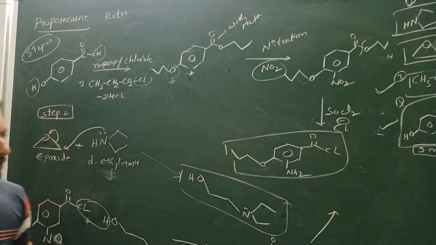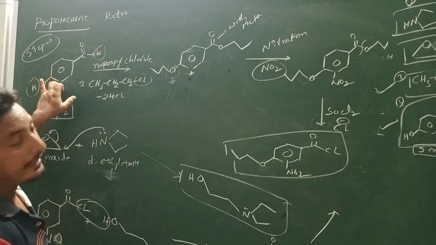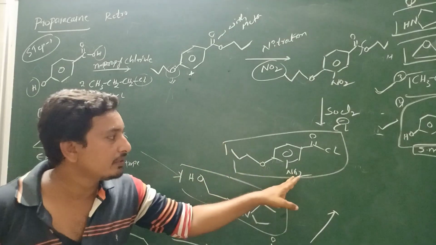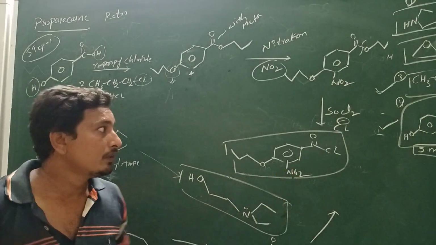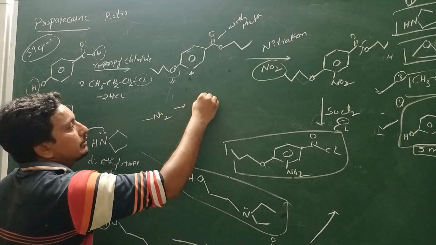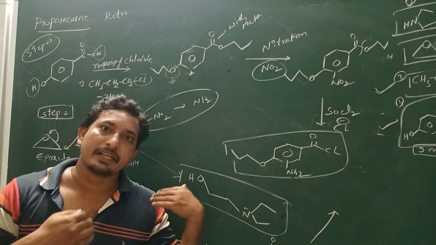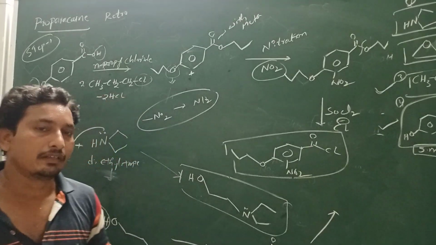But what is our target molecule? Our target molecule has an NH2 group, but here the molecule has NO2. So we need to change the NO2 group into NH2. Oxygen is replaced by hydrogen, so the reaction is reduction.